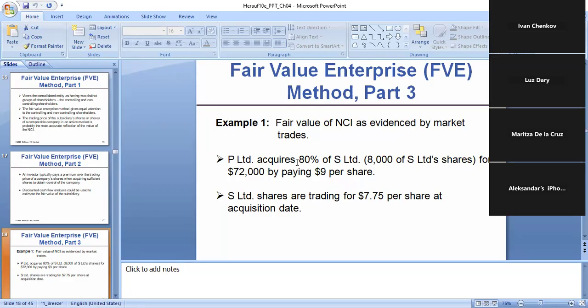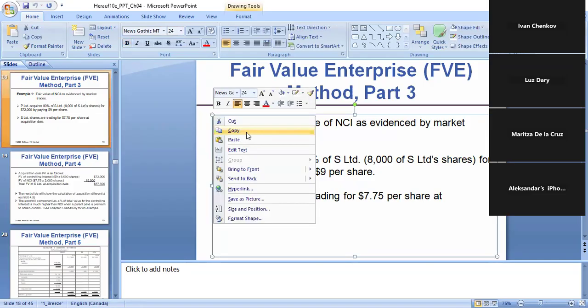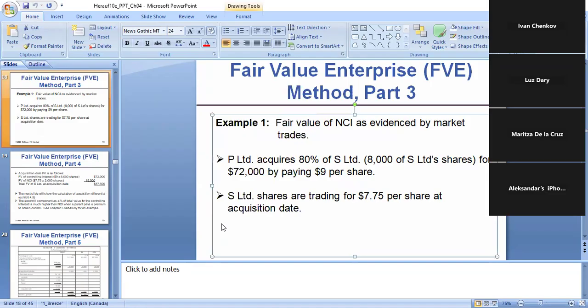They purchase 80% of the subsidiary, or 8,000 shares, for $72,000, paying $9 per share. Now, the current shares are trading at $7.75. I'm going to copy this and move it to the Excel spreadsheet, and later on we're going to come back to the spreadsheet and talk about this. And I'm going to come back to the slides.